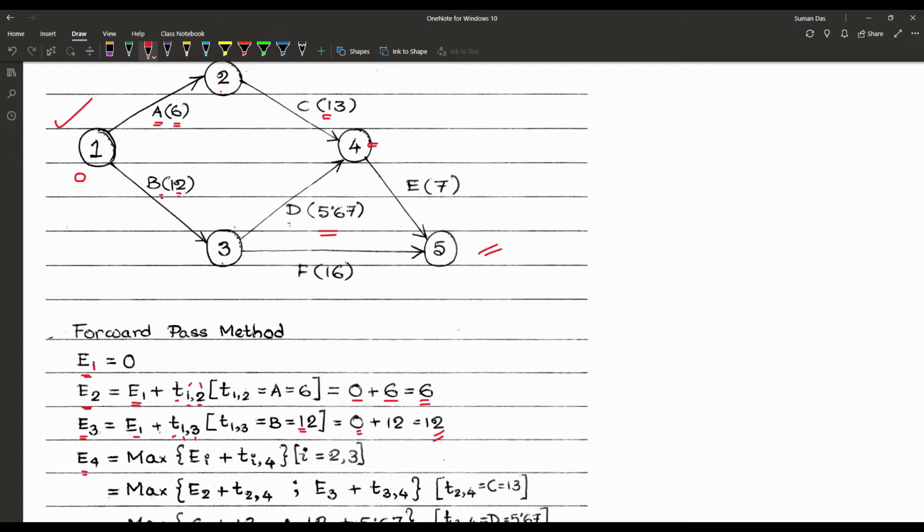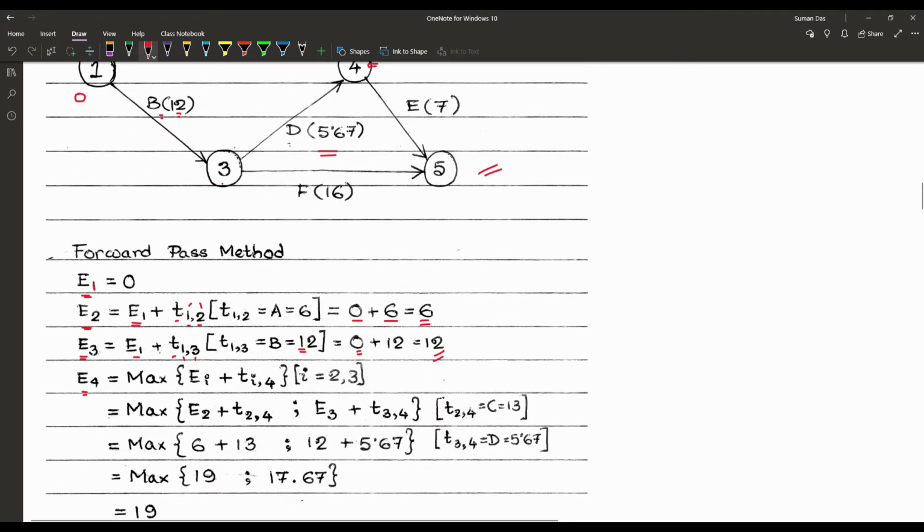So we are using the formula for E4, that is maximum of Ei plus Ti to 4, where i's are 2 and 3. So maximum of E2 plus T2 to 4 and E3 plus T3 to 4. Now T2 to 4 is equal to 13 and T3 to 4 is equal to 5.67.